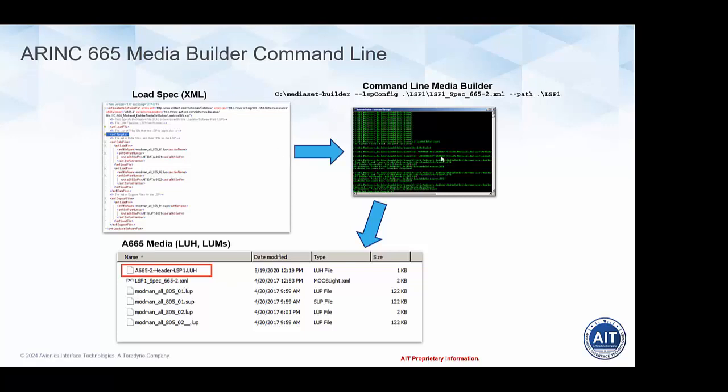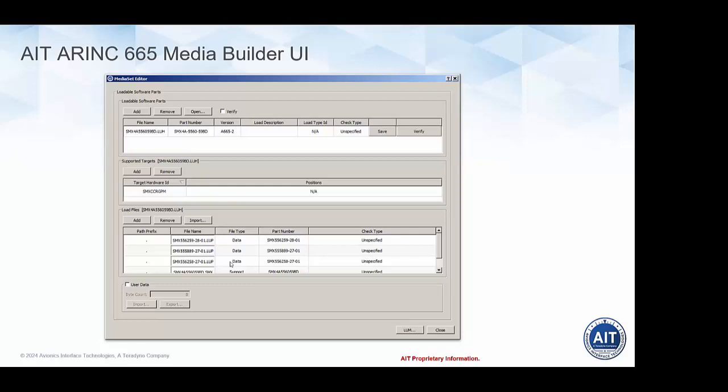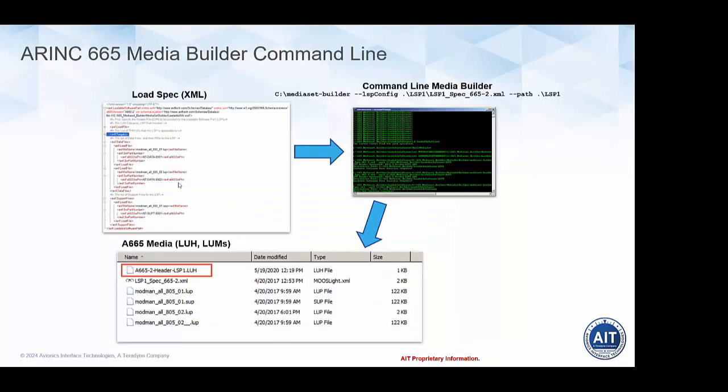The way the command line builder works is you invoke it. We have an XML file that sits next to it that specifies all of this information, like the path to the constituent files, what type of file it is, the part number for that file, and the check type you want to use. So all that information you're putting in the UI, you can also put into a well-formed XML file that we also provide the schema for.